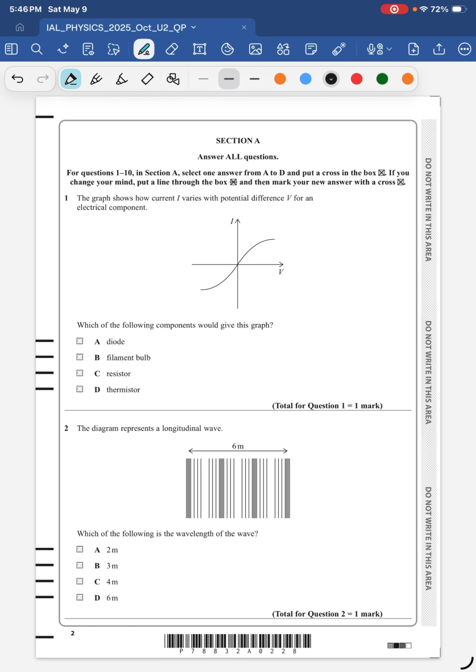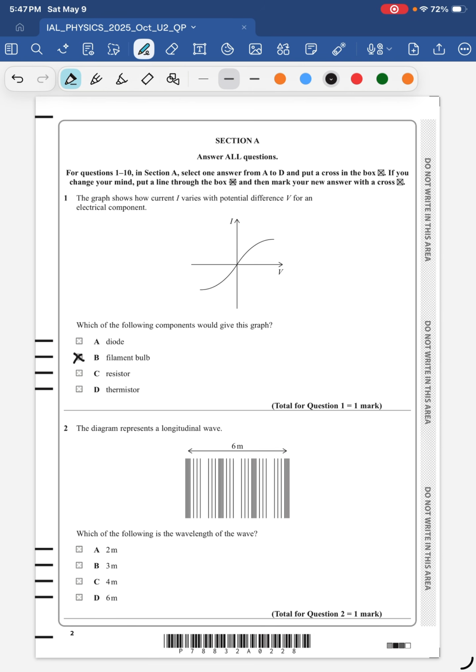At some point it plateaus, just like it happens with filament lamps. But let's read the other answers. A resistor will be a straight line, and a thermistor would show something else, not this one. So B is the correct answer, okay?